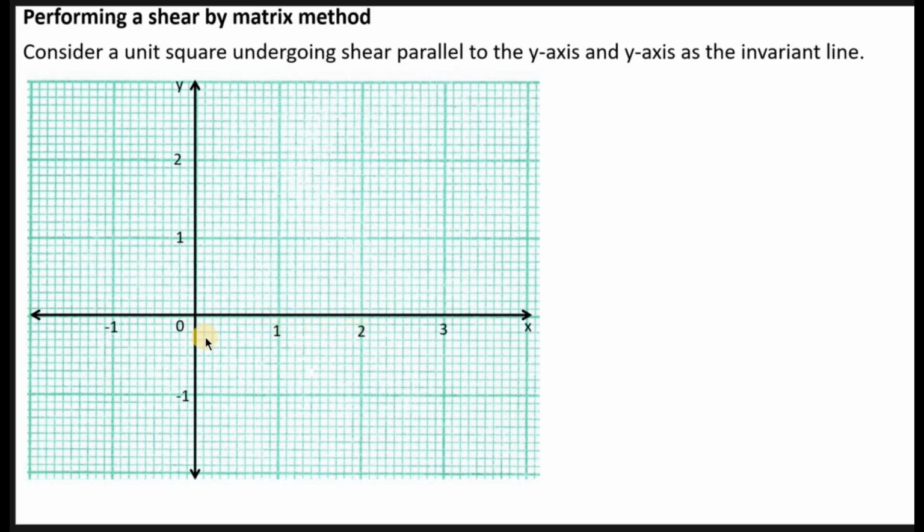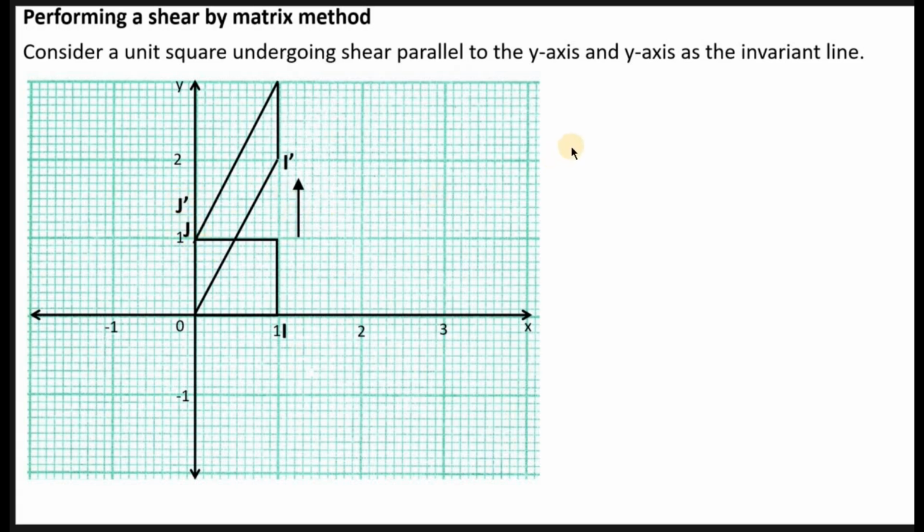Then we have this object here with the coordinates I and J in object points. If this undergoes shear parallel to the y-axis, then it will move like that. So it will be sheared in that order, meaning I will change, its image point will be here, and J will remain, its image point will remain here.